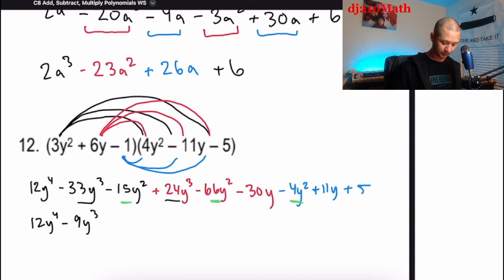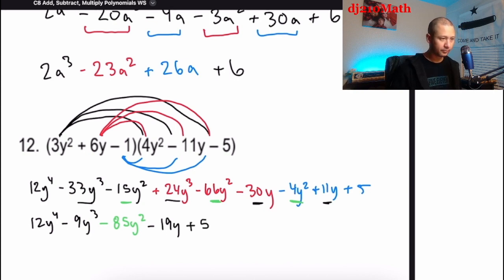They're all negative. So negative 66 plus 4 is 70. 70 plus 15, 85. Negative 85y squared. 2 y terms. So negative 30 plus 11, negative 19y, and plus 5.